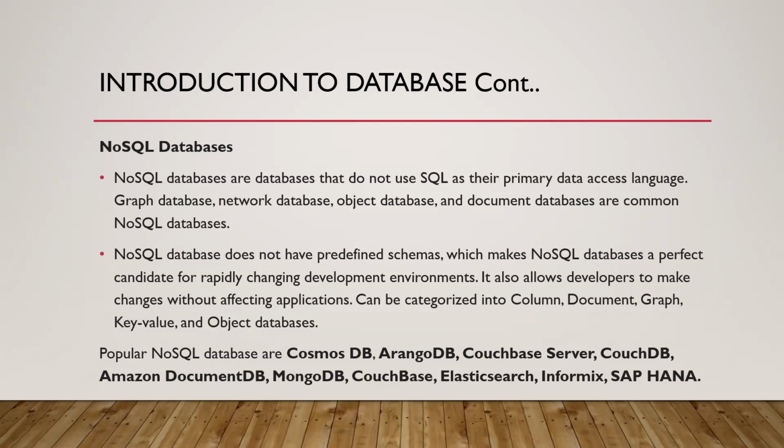Popular NoSQL databases are Cosmos DB, ArangoDB, Couchbase Server, CouchDB, Amazon DocumentDB, and MongoDB, which most of us, I think, are very familiar with, Elasticsearch, Informix, and SAP HANA. There are big companies which are using MongoDB. MongoDB is currently used a lot in most applications, and SAP HANA also has been used a lot.